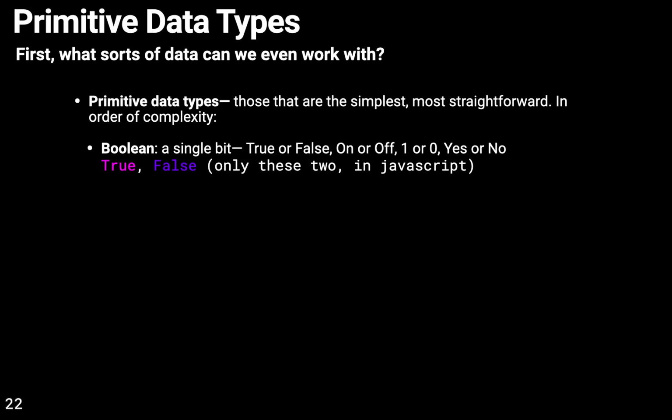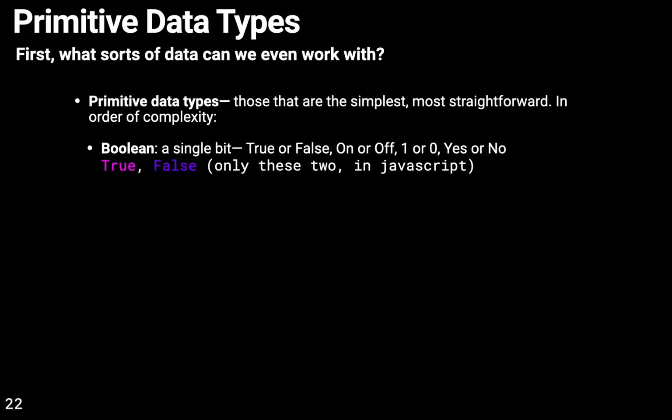It's a single bit of information. One or zero, on or off, true or false, yes or no. A single determinant. There are exactly two values for this in JavaScript. It's either a true or a false, and those are case sensitive, those are exact. This is the most fundamental piece of information you can have.